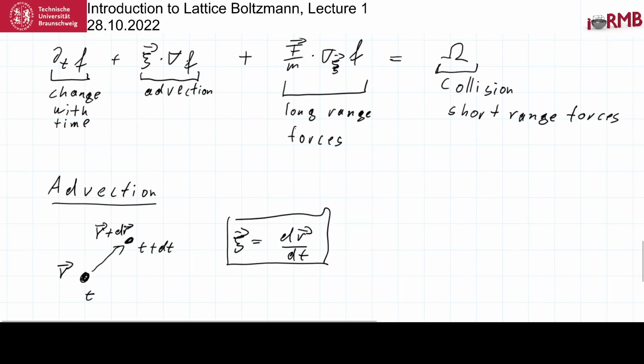So this is the microscopic velocity. How does one particle change its position over time? Particles move in the direction of their velocity, of course.